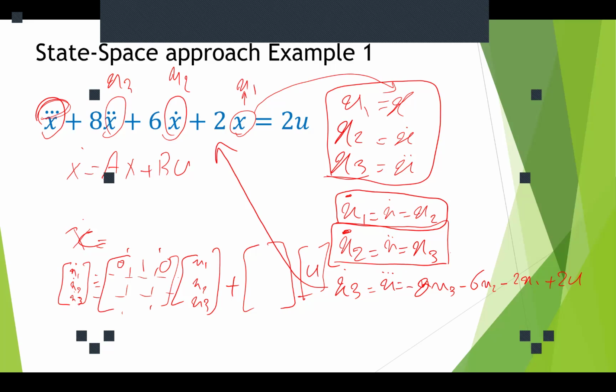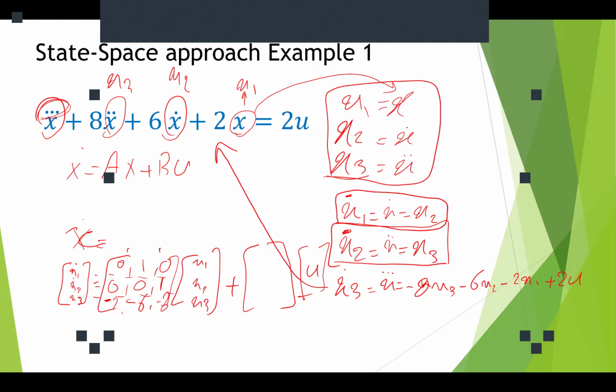Same, we can go for x2 dot. It doesn't have any x1 or x2, but it has 1 x3. Now, x3 dot has minus 2 x1, minus 6 x2, and minus 8 x3.